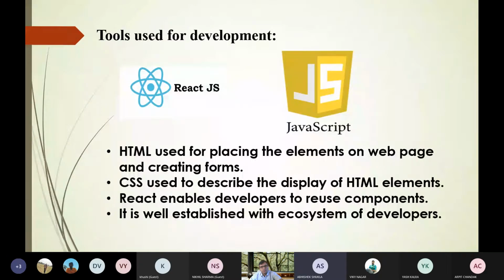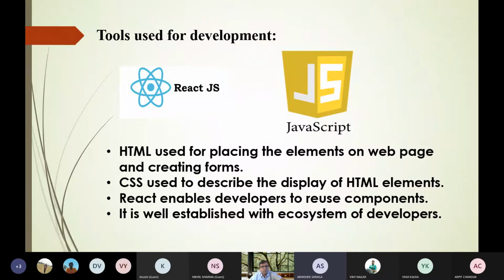Tools used for the development were HTML, CSS, JavaScript, and React.js. HTML is used for placing the elements on the web pages and creating forms. CSS is used to describe the display of the HTML elements and to create responsiveness.